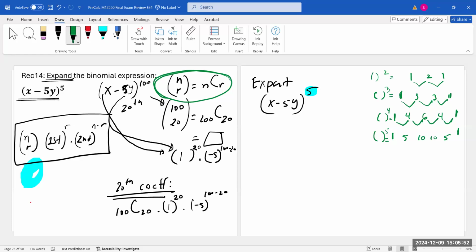That means our life becomes easier. So when we expand, we write 1 plus 5 plus 10 plus 10 plus 5 plus 1. These are the coefficients. And now we are going to do the first x to the 5 power, negative 5y to the 5 minus 1, fourth power.